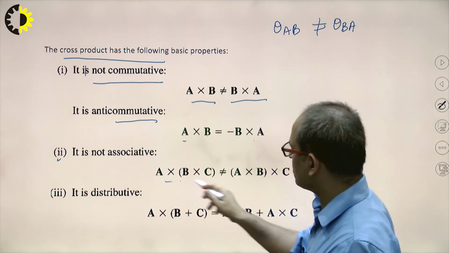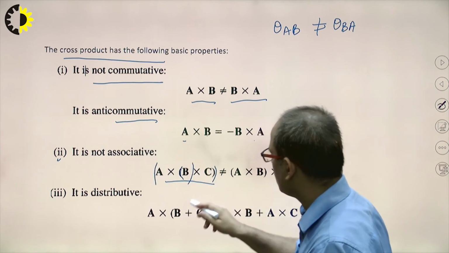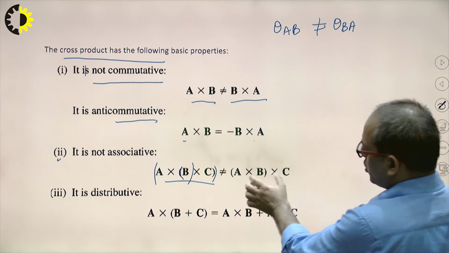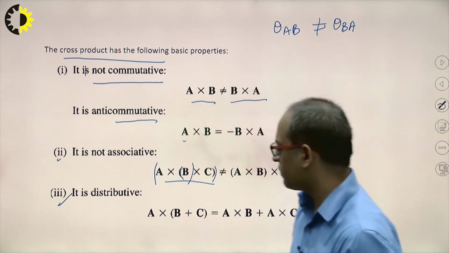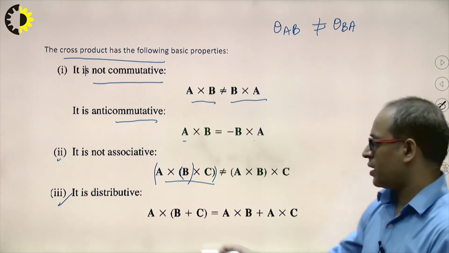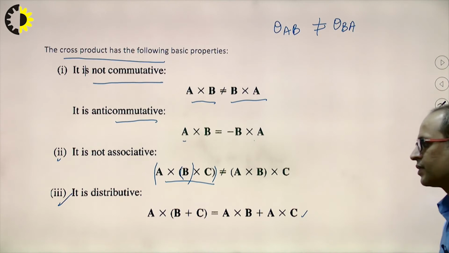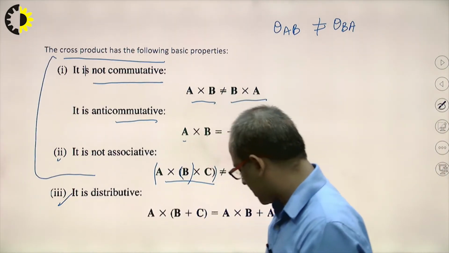A cross B cross C is not equal to A cross B cross C with the brackets moved. Clear? Another one is it is distributive: A cross B plus C is equal to A cross B plus A cross C. Clear? Remember these two, it is not commutative and it is not associative.